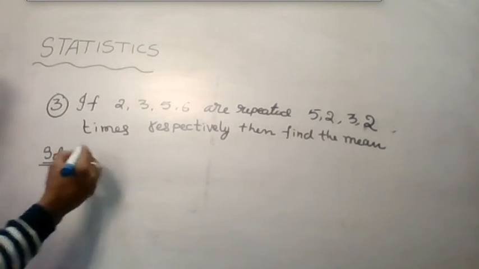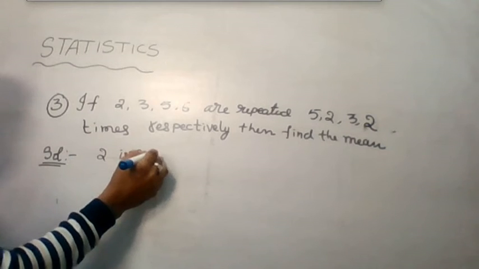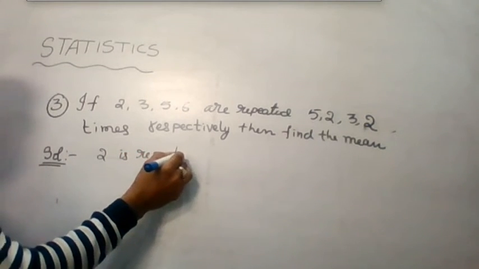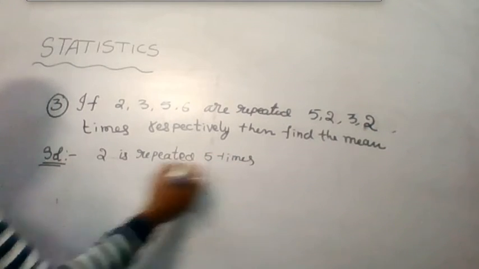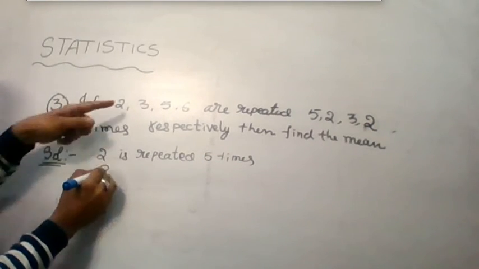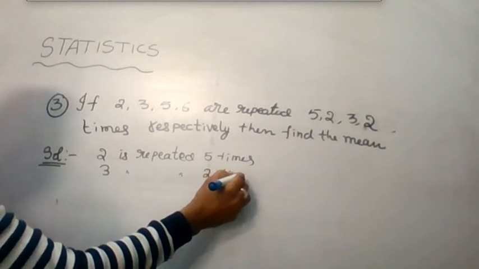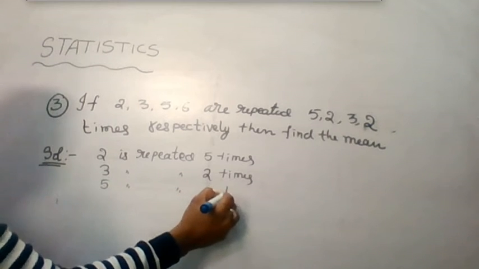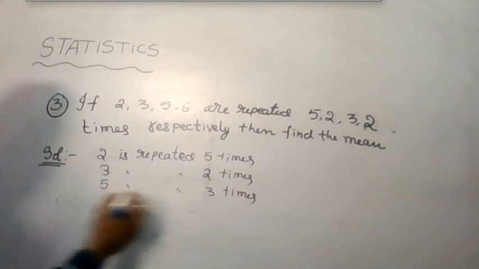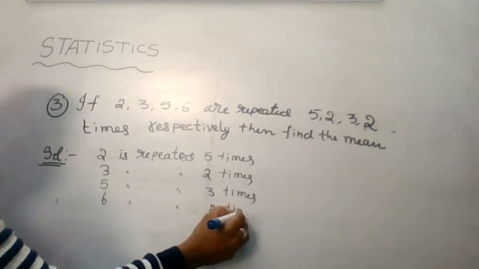So let us write all this. 2 is repeated 5 times, 3 is repeated 2 times, 5 is repeated 3 times, and 6 is repeated 2 times.